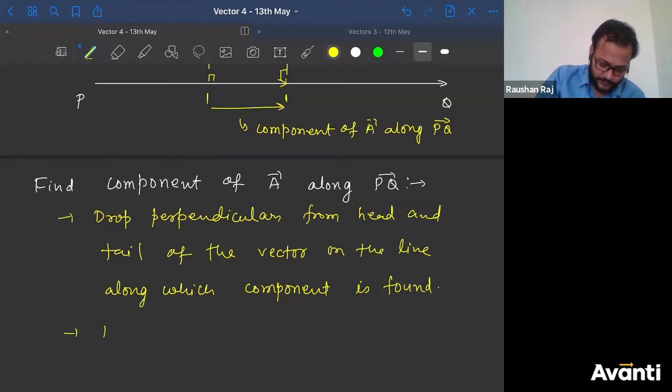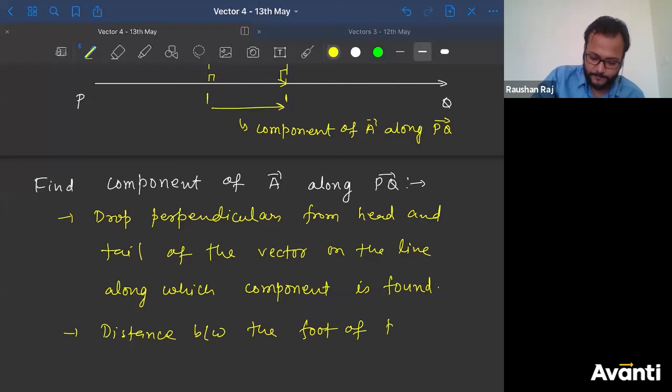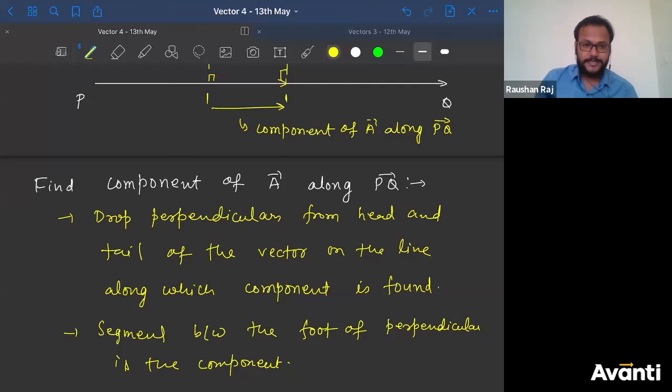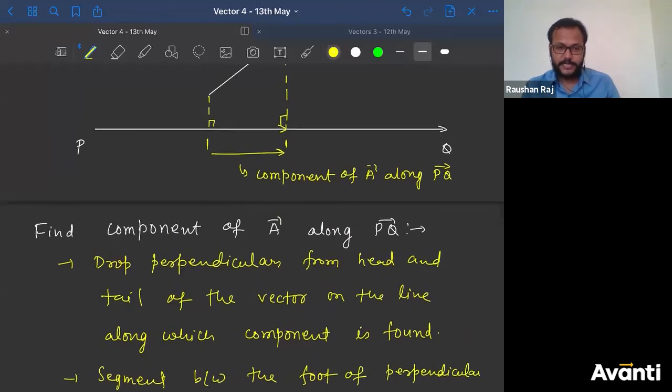Then the distance between the feet of the perpendiculars is the component, or you can say the segment. ठीक है. The segment between the feet of the perpendiculars is the component.